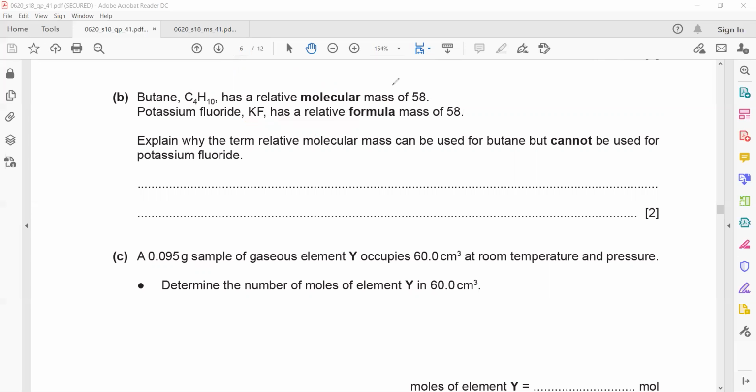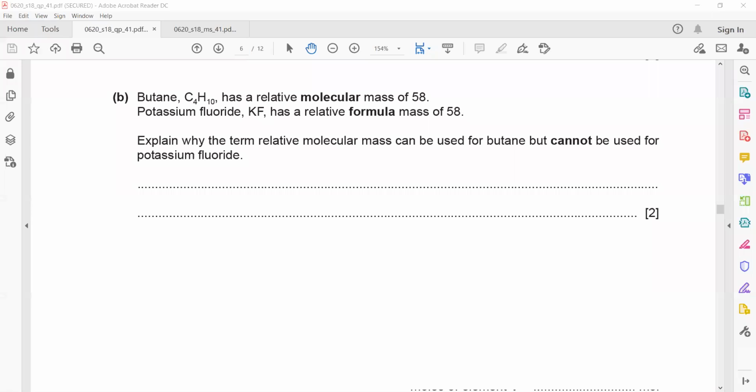So for covalent substances, when we say we have one molecule of butane, it contains 4 carbon atoms and 10 hydrogen atoms.